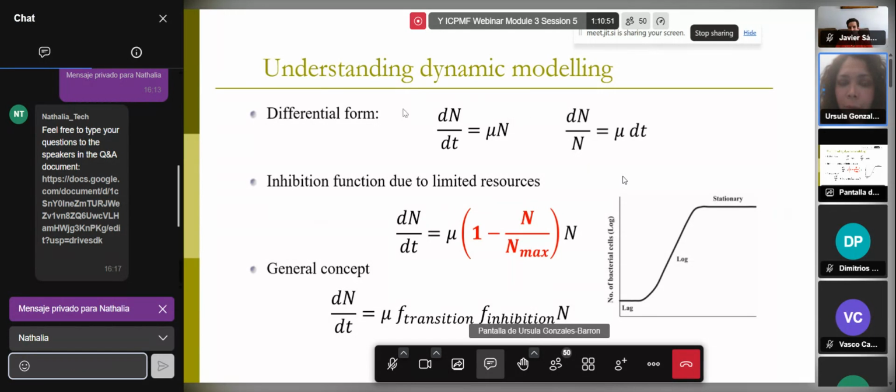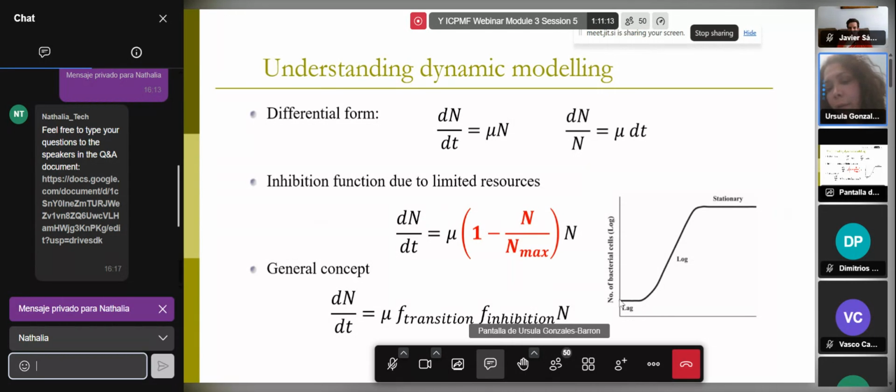To this very basic equation I can add an inhibition function to represent the stationary phase. So what you see in red is a stationary function, but if I have a lag phase, I also have to add a term. This term is called the transition term.